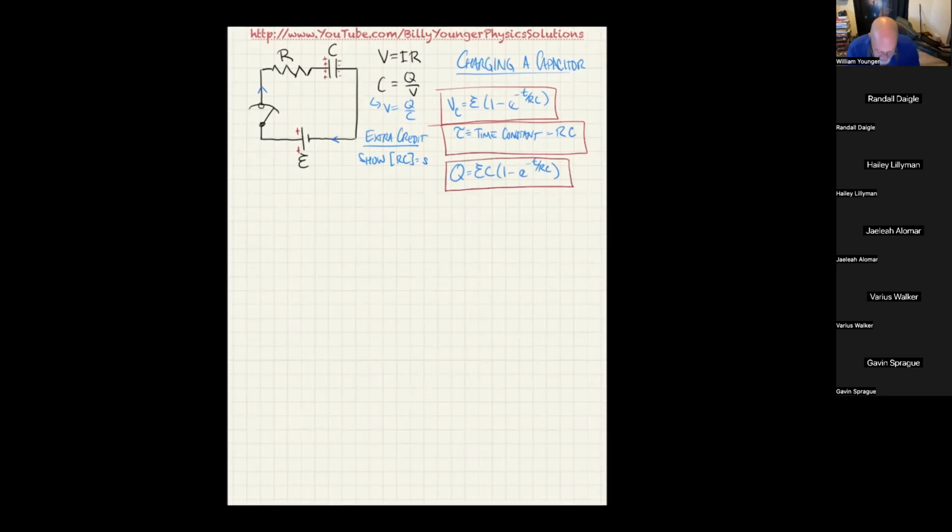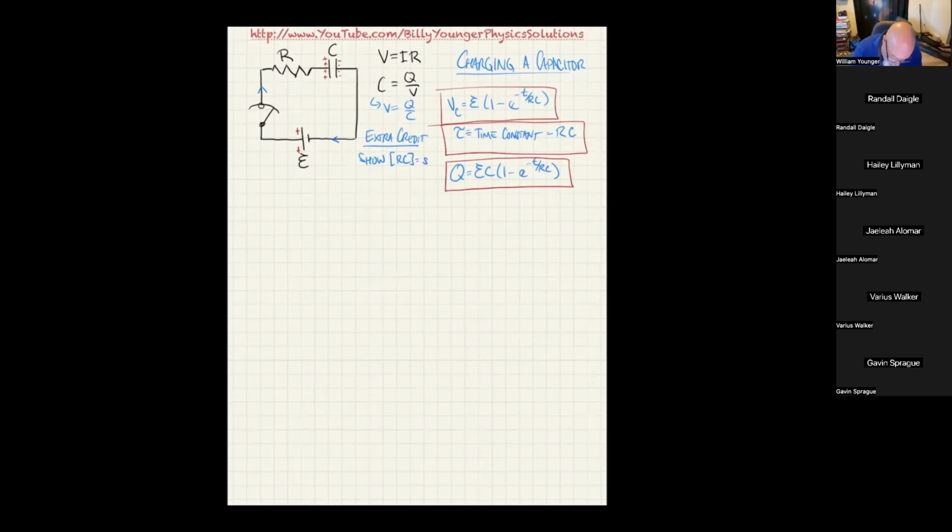And then, as I told you, the voltage and the charge on the capacitor are slowly ramping up to some maximum value, but the actual current starts off kind of high, like it's nothing but a resistor there, and then it's going to fall off to nothing.